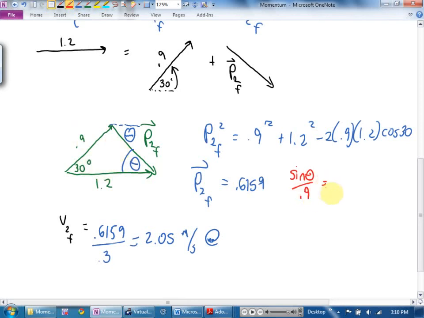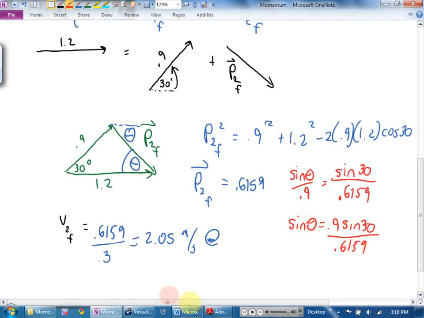And that equals the sine of the angle that I do know, 30, divided by the side that I know across from it, which I didn't used to know, but now I know is 0.6159. I'll get sine theta equals 0.9 sine 30 all over 0.6159.